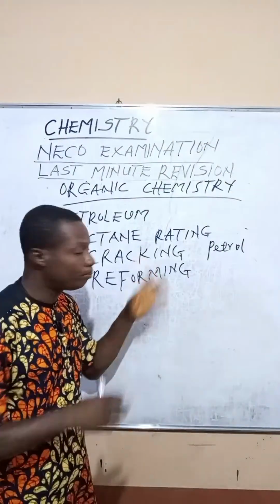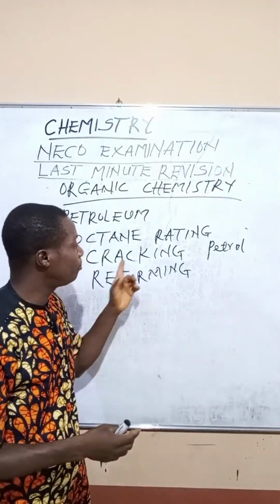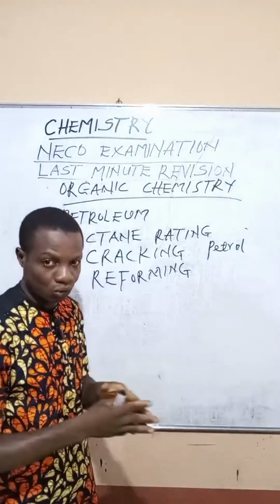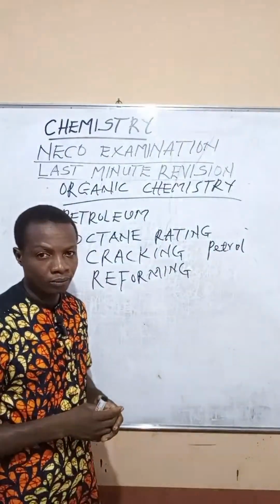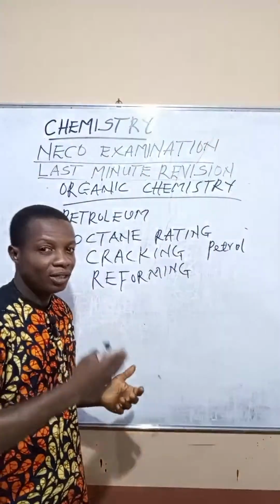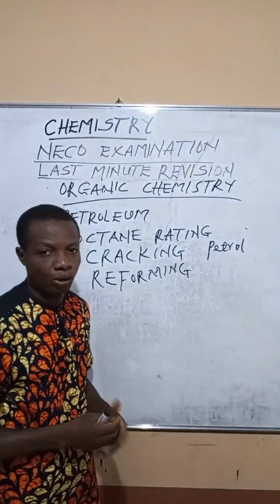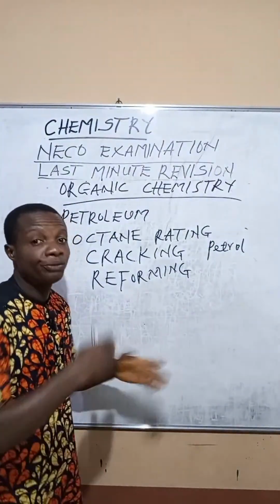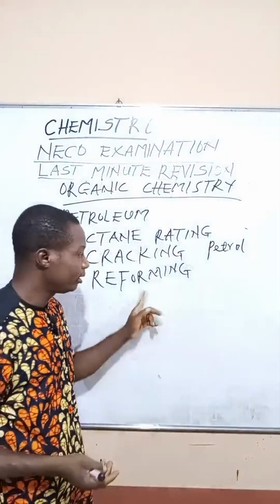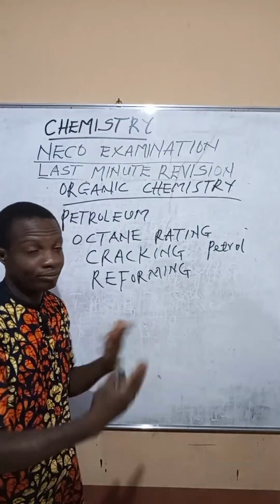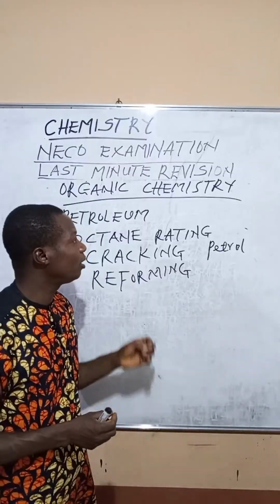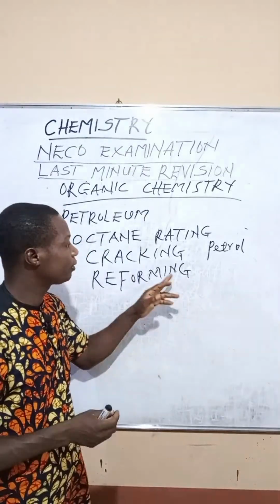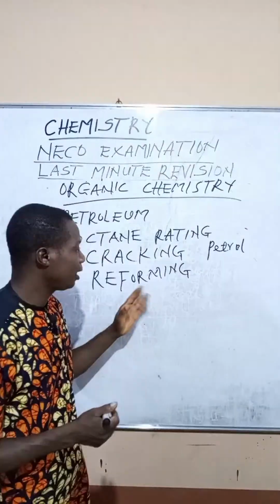You can crack heavier hydrocarbons like diesel to produce petrol. So heavy oil, you can crack it to produce petrol. Then you can also do what you call reforming. Reforming is actually done to increase the performance of the fuel, of hydrocarbon, in an engine.